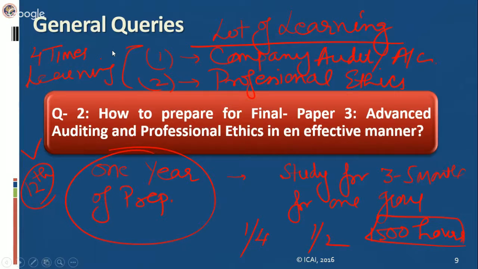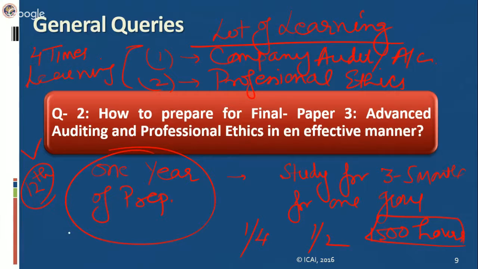So students, provisions of the company audit, I was telling you in each and every lecture that provisions of the company audit need learning. Starting from section 139, I was explaining to you. 139.1, 139.2, 3 and so on.